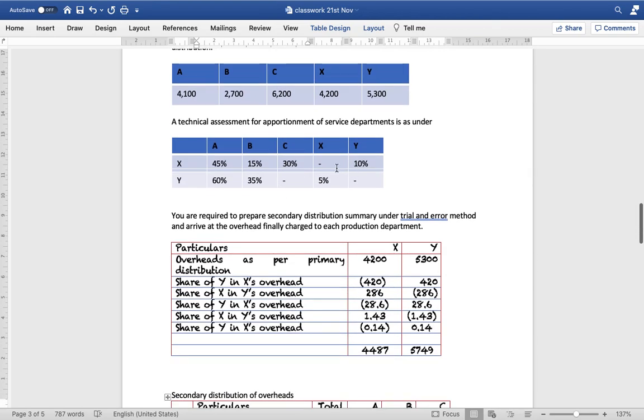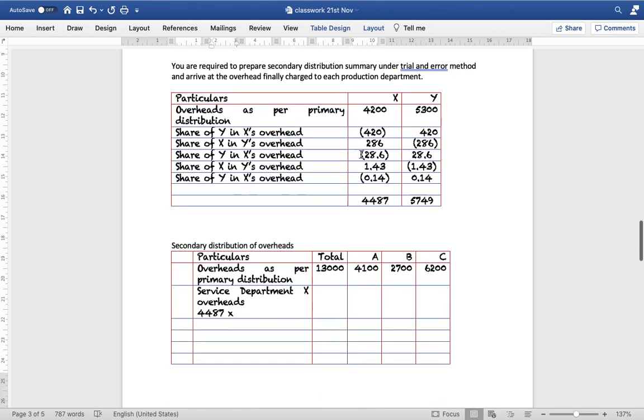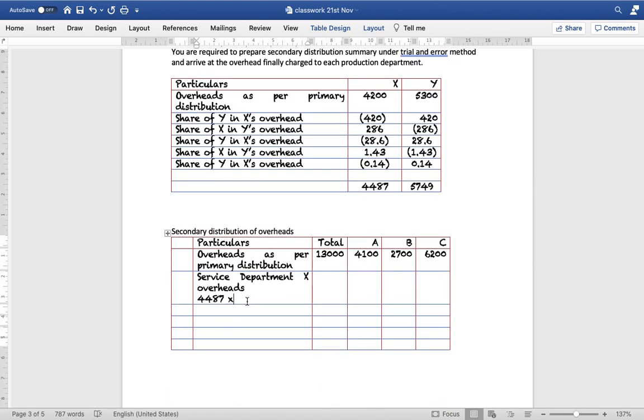We have already given the share of Y. When you total all these four, you'll be getting 100%. So 100 minus 10, you'll be having 90%.